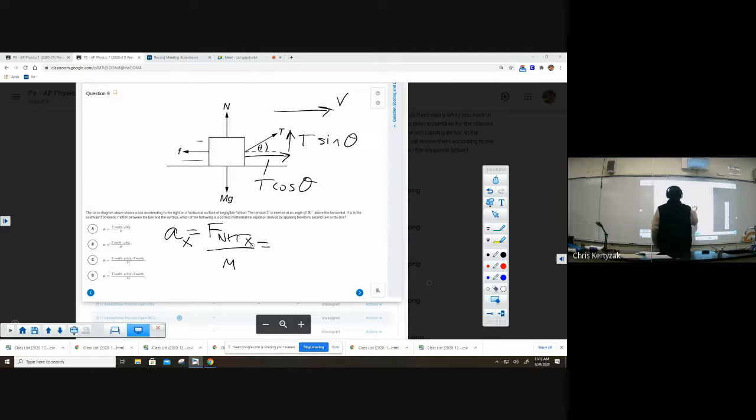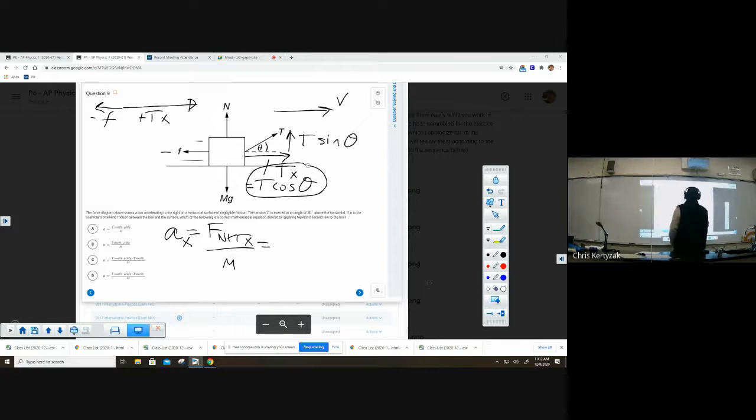The net horizontal force is really Tx, pulling it to the right, minus F, which is the friction force pulling it to the left. This will be minus, this will be plus. Let's call the direction of motion plus. But there's an expression for the Tx. Tx is T cos theta because it's adjacent to that angle, right?